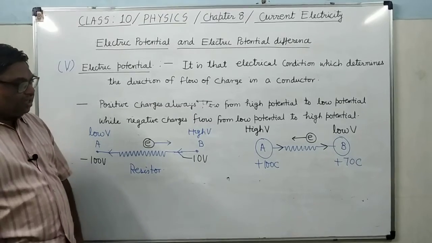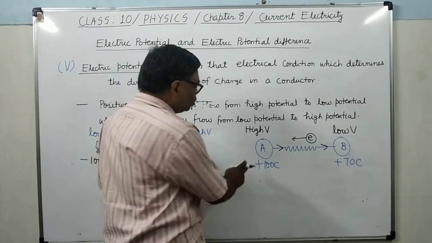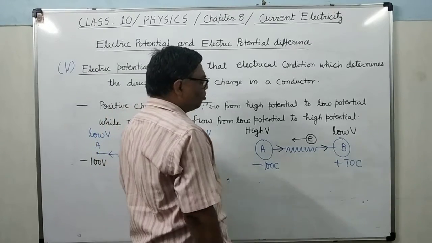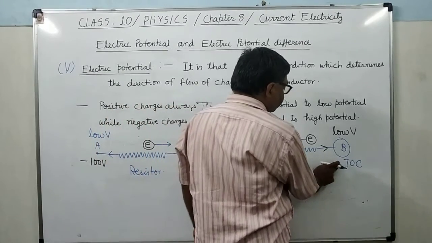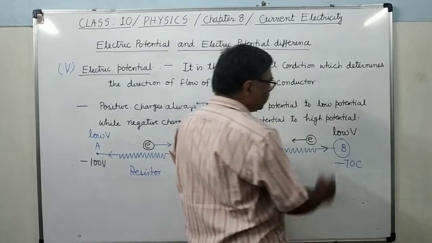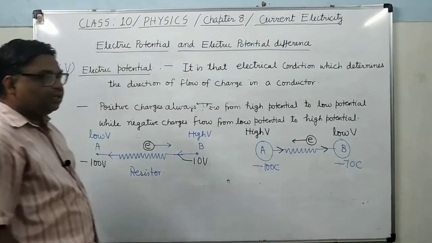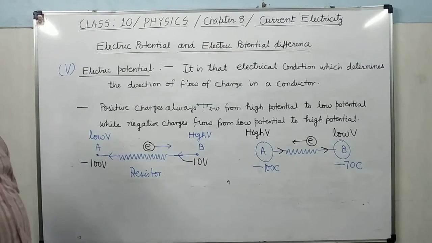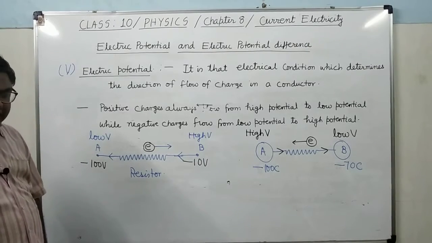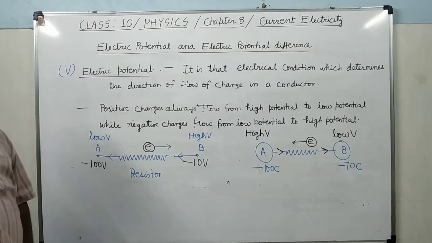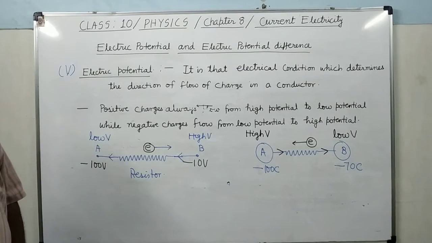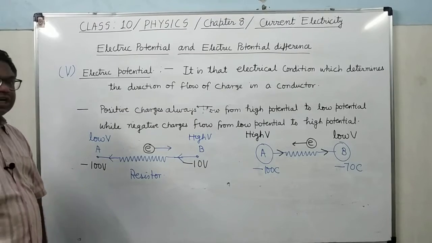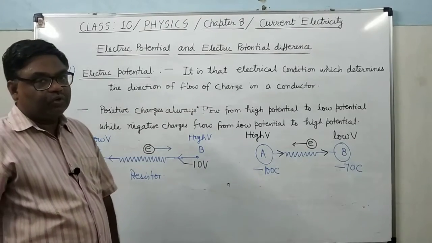Now see here also in this case, suppose instead of plus 100 coulomb, it has minus 100 coulomb. Instead of plus 70 coulomb, it has minus 70 coulomb. Is it clear? And if you connect them by a wire, which will be at higher potential? The one having more positive charge, meaning less negative charge.